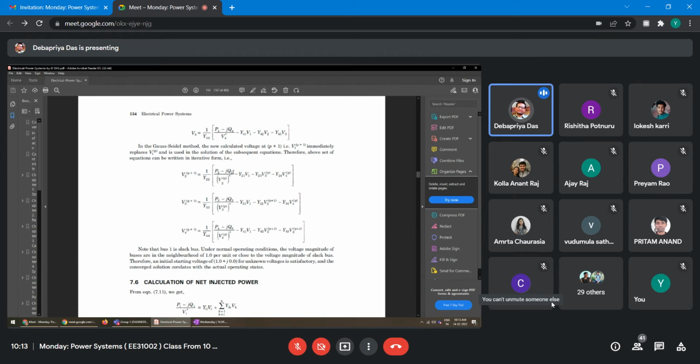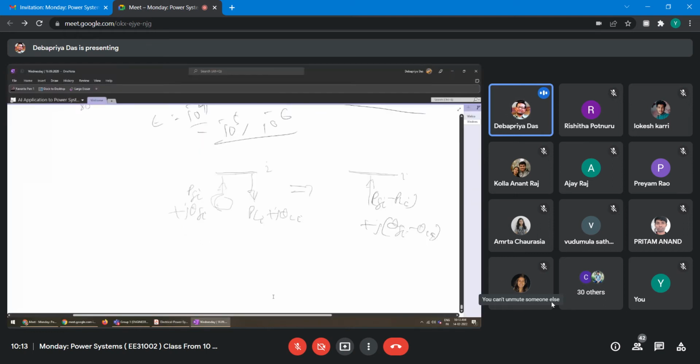For PV buses I'll show you later. So P2 minus jQ2 upon V2 at p conjugate, because in every iteration, p meaning the pth iteration, V2 will change. The Y matrix will not change, and minus Y21 V1 also will not change in every iteration, because V1 is fixed. This V1 is the slack bus voltage, and it is fixed.